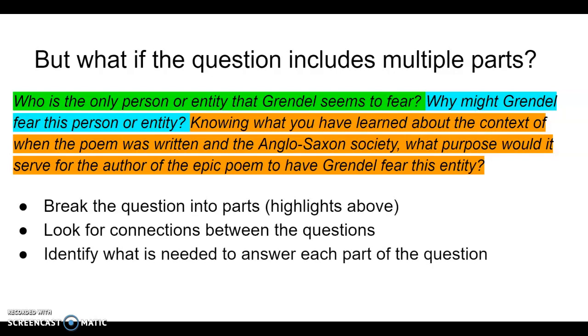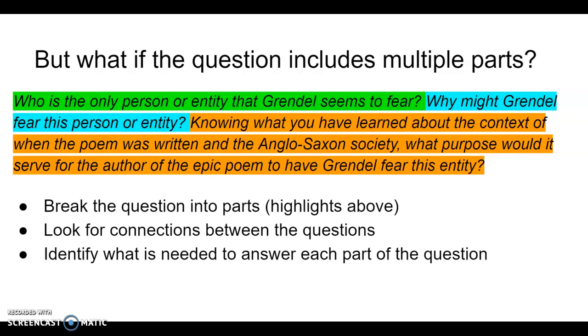So, speaking of the third question, I'm identifying what I need to know. Well, it references the context of the poem when it was written, the Anglo-Saxon society, and if there was a larger purpose behind having Grendel fear God.